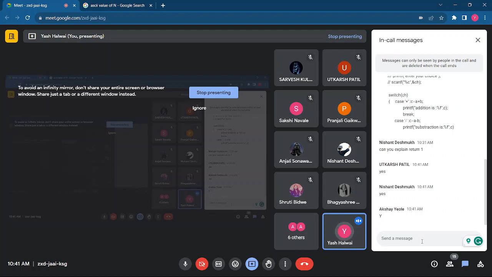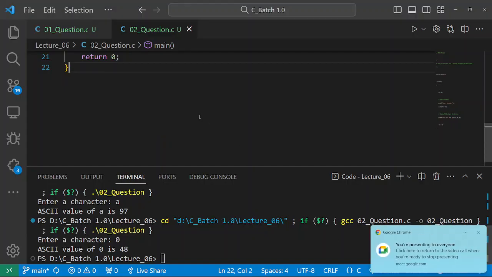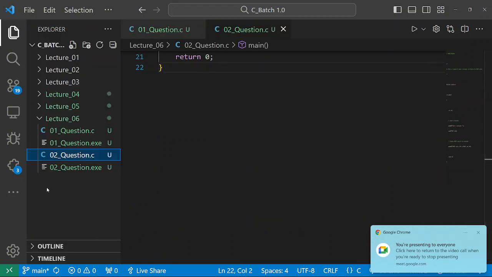Can I move further with the next question? Yes. Okay. So the next question is again a good question, considering your interview perspective as well as your exams.